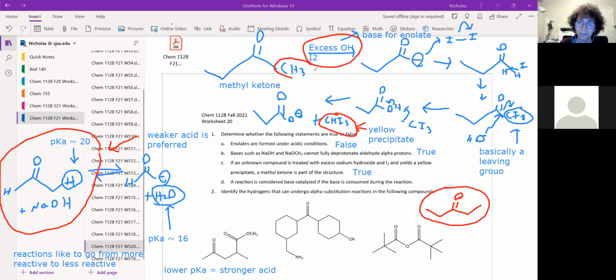Remember, I emphasized the methyl group here. It's a methyl ketone that it indicates the presence of. So without a methyl group alpha to the ketone, none of this stuff is going to happen. I mean, you can still add iodine, but you're not going to form the precipitate. And there is no methyl group next to the ketone in this structure.